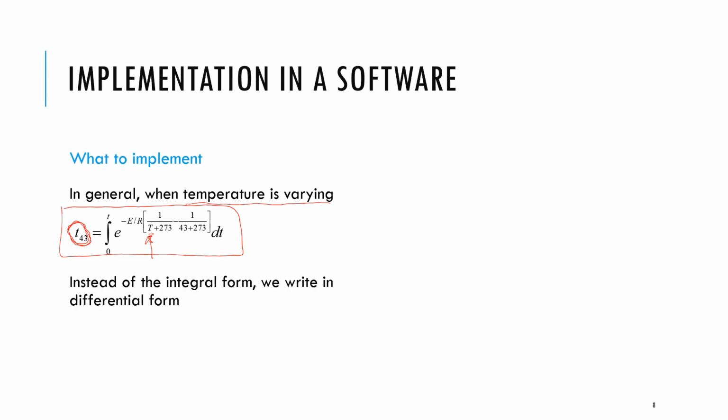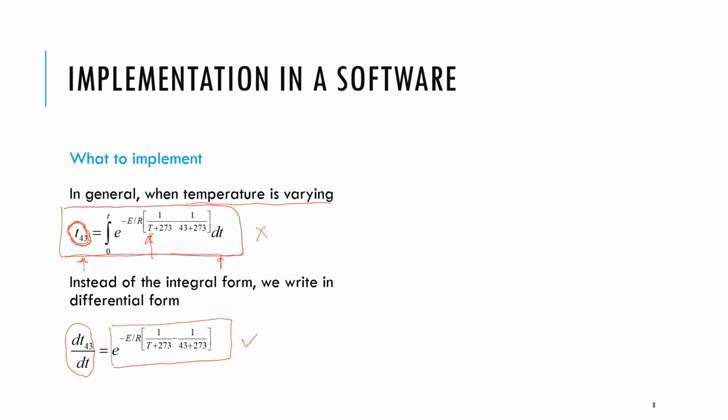Okay, so instead of the integral form, where this is equal to something integral dt, we can think of it as the differential form. dT43 dt is equal to this. And so instead of this, we want to implement this version.